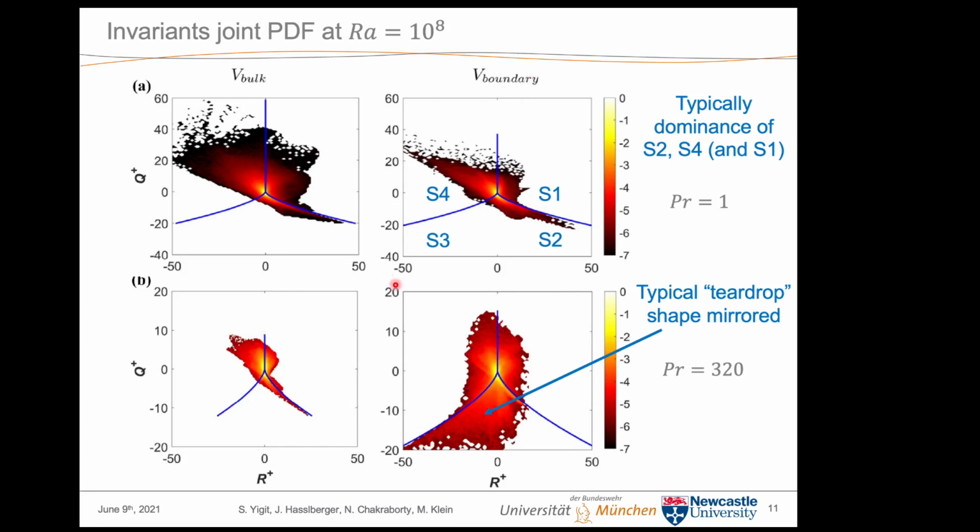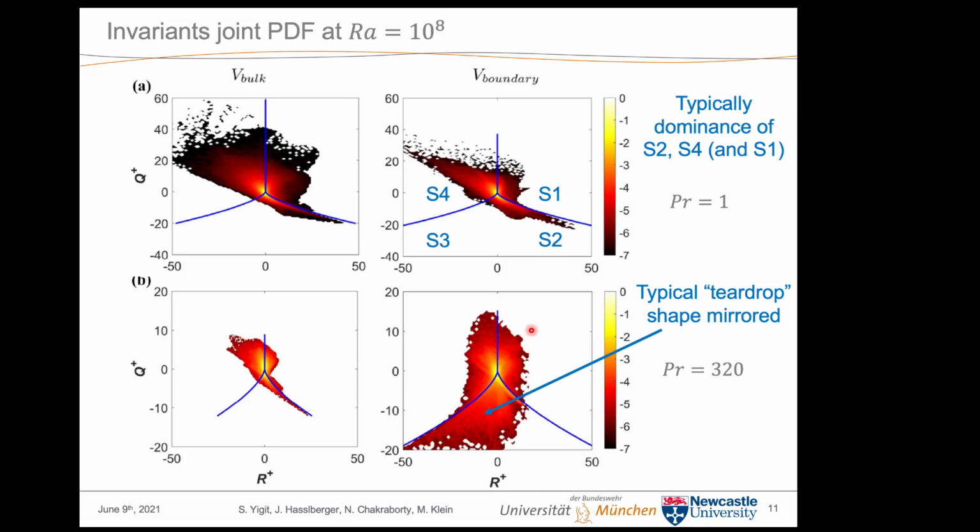And in 3 of these 4 cases, we can see more or less the behavior that you would expect from standard Navier-Stokes dynamics in homogeneous isotropic turbulence, let's say. So this is called the typical teardrop shape.